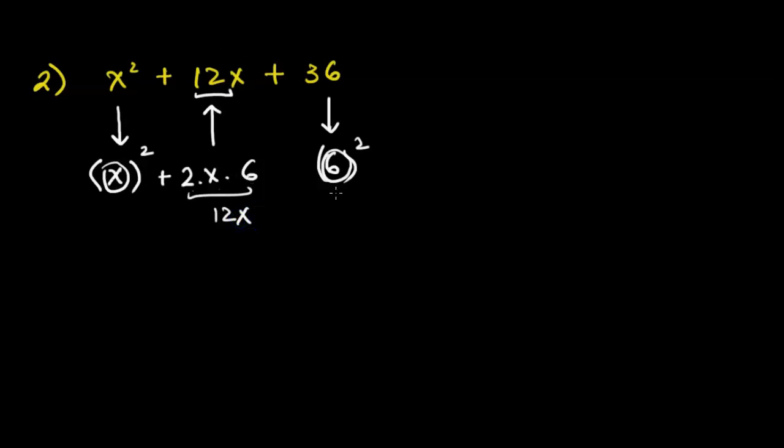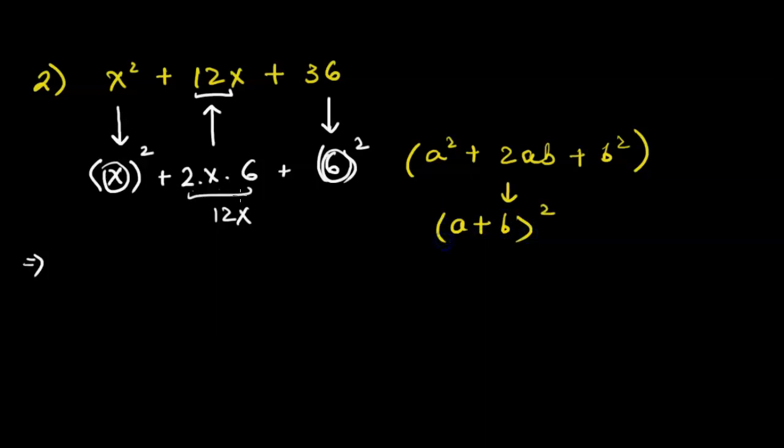If all of these things hold true, that means this question can be written in the form a squared plus 2ab plus b squared, which can be described as (a + b) whole square. So since we notice here a squared plus 2ab plus b squared, we can write this as (a + b) whole square, where a is x and b is 6.